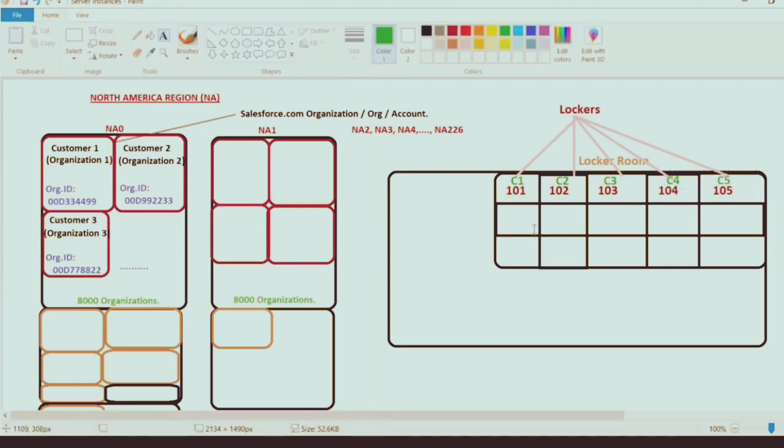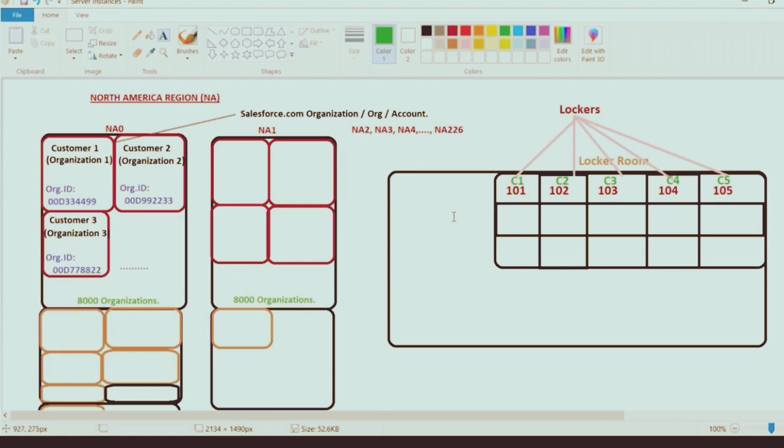So for each customer, they allocate a locker. Each locker provides a small space to you. In that space, the customer can place his valuable items like property documents, jewelry, money, gold, and diamonds inside that locker. He can put a lock on it.